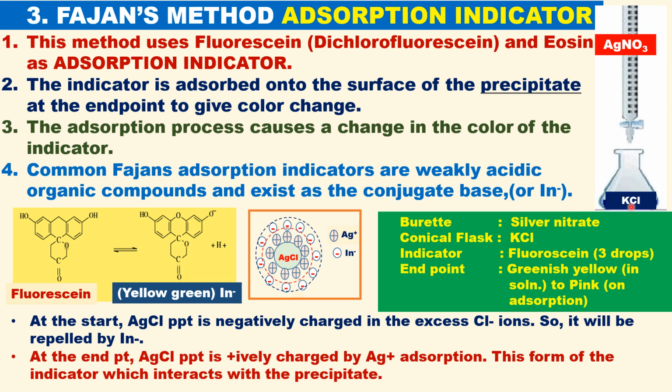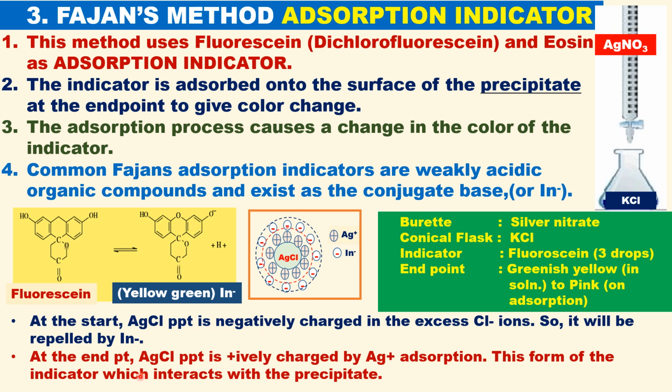In the presence of excess chloride, the silver chloride precipitate is negatively charged before the end point because of unreacted chloride ion. So it will repel the indicator anion. The AgCl precipitate is negatively charged, therefore the indicator anion cannot bind to the precipitate.